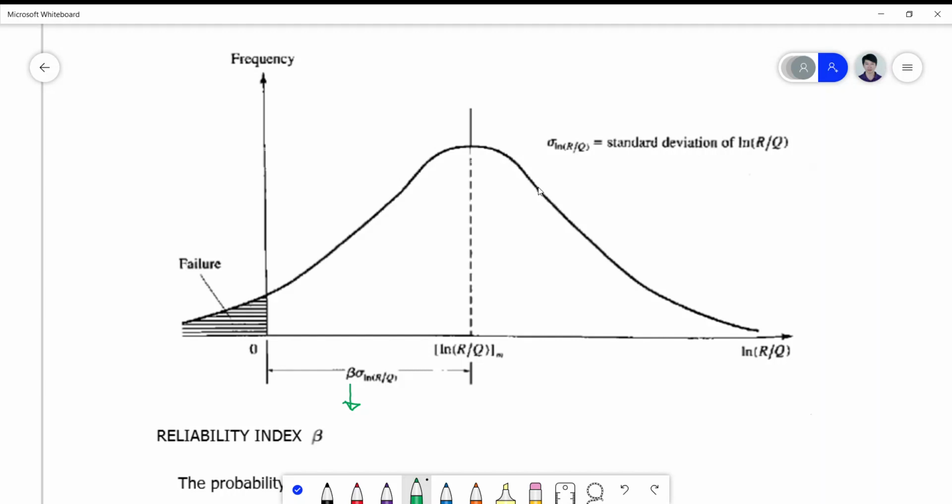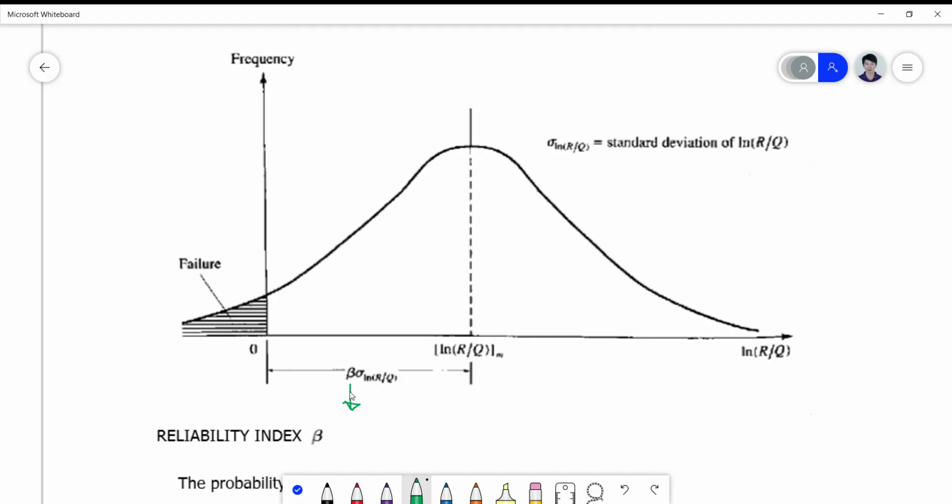So my variable of concern now is the natural logarithm of R over Q, and from the mean of this curve representing such argument, this is the average of the data you got from resistance and Q. When you make use of test procedures, you must have different samples, sufficient enough to come up with a good representation of this curve, this bell curve that you use in statistics.